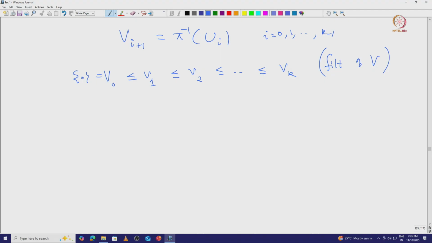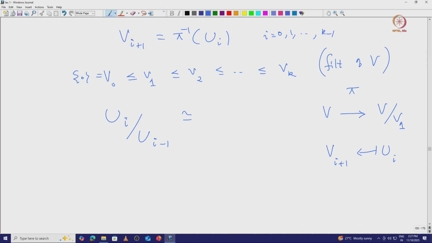But now, using the first isomorphism theorem, one can see that U i modulo U i minus 1 is going to be isomorphic to... So you have the map pi, which is a quotient map from V to V modulo V1. If you look at U i here, the inverse image is nothing but V i plus 1.